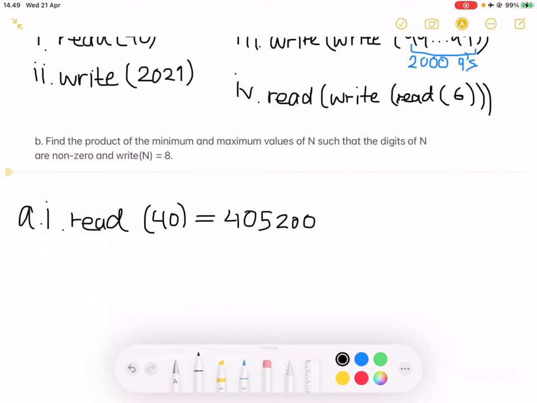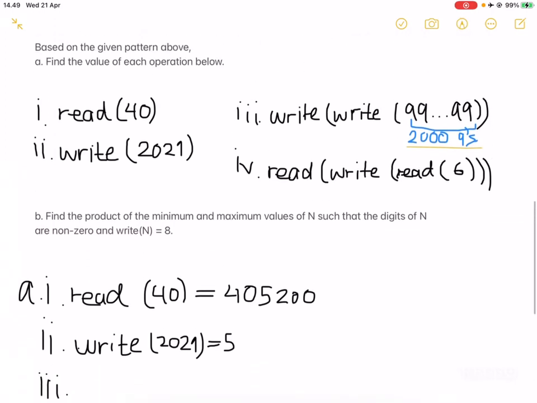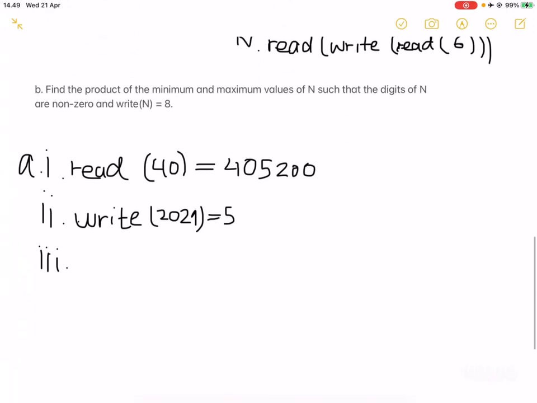For the second part, which is write of 2021, it will be the sum of digits of 2021, which equals 5. That's pretty easy.